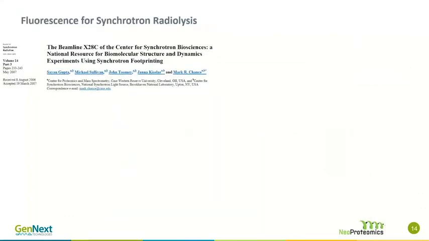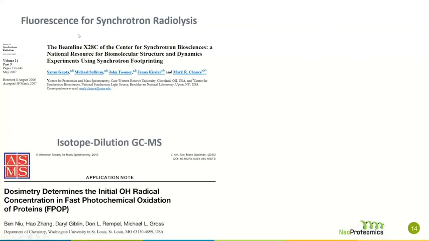Now, hydroxyl radical dosimetry is something that lots of different groups have worked on, and there are lots of different ways to do it. Mark Chance's group came up with a way for doing it when they're doing hydroxyl radical footprinting using synchrotron radiolysis, but unfortunately, this method does not work yet for FPOP. The Gross Lab published an isotope dilution GCMS method for dosimetry in FPOP.